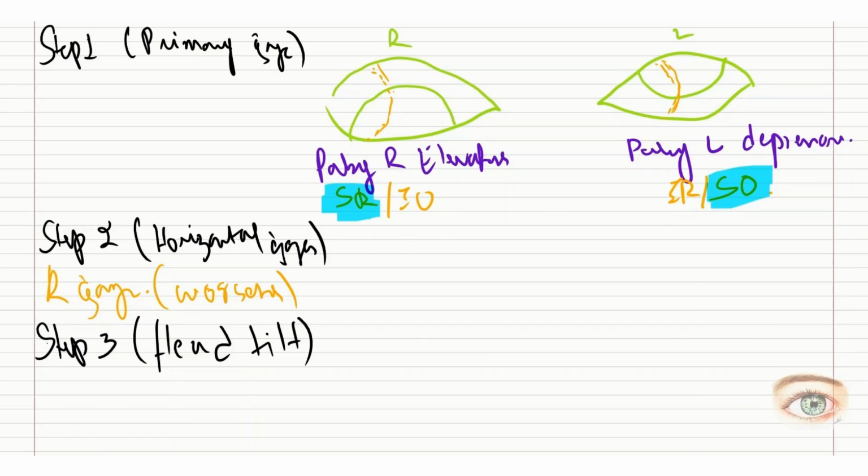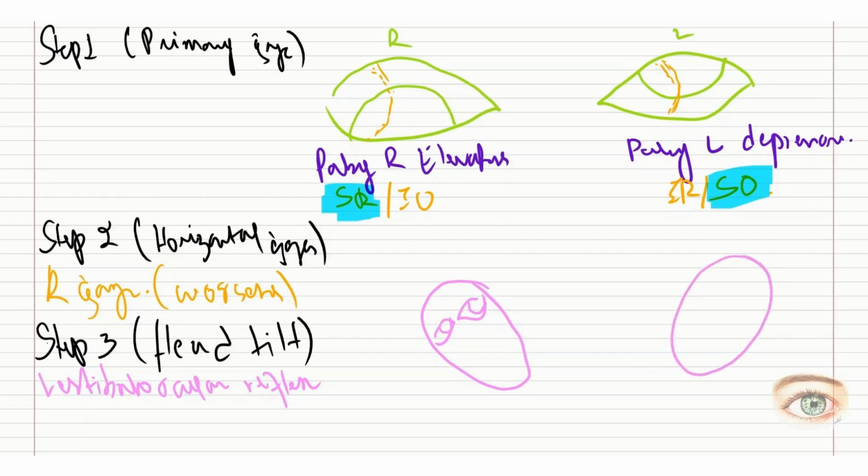According to the vestibulo-ocular reflex, if you tilt the patient's head to the right side, the eyes are going to move to the left side, and if you tilt the head to the left side, the eyes are going to move to the right side. So this is the vestibulo-ocular reflex.